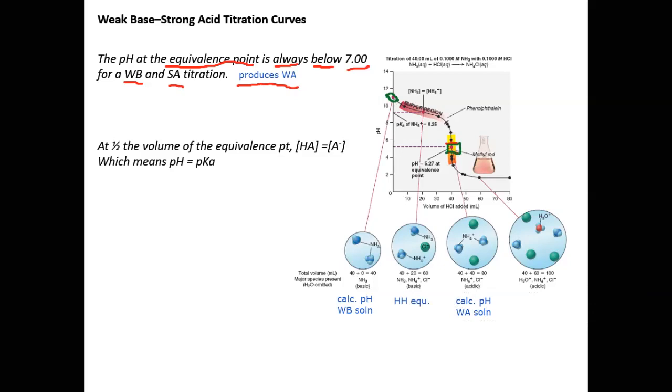In the buffer region, we have weak base and its conjugate acid in solution along with chloride. Now below the equivalence point, you have an excess of hydronium ions, so then you just calculate the pH using the negative log of hydronium ion.